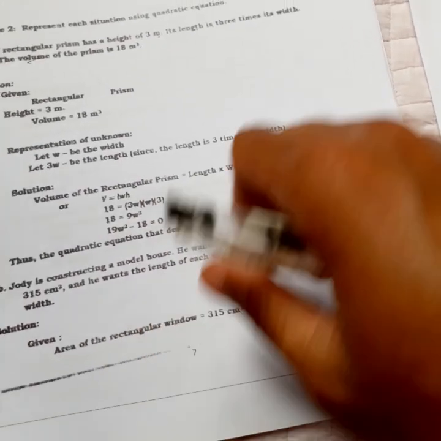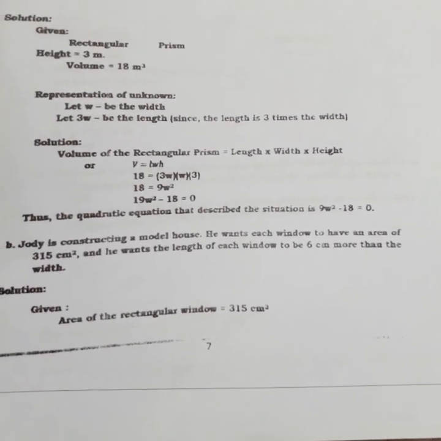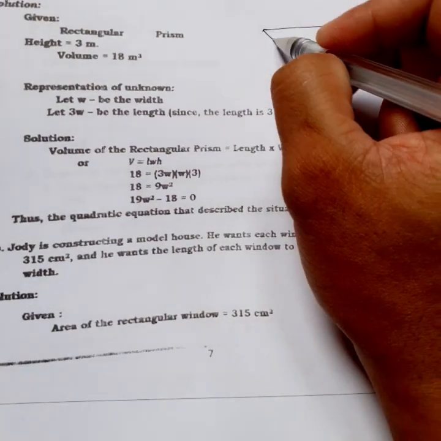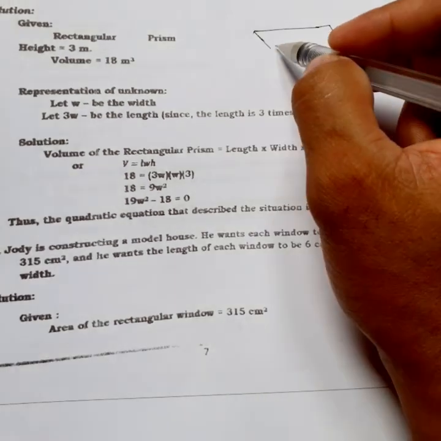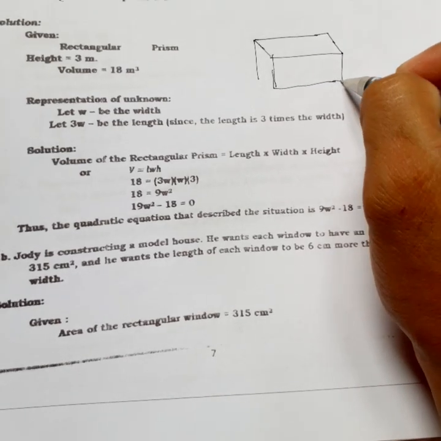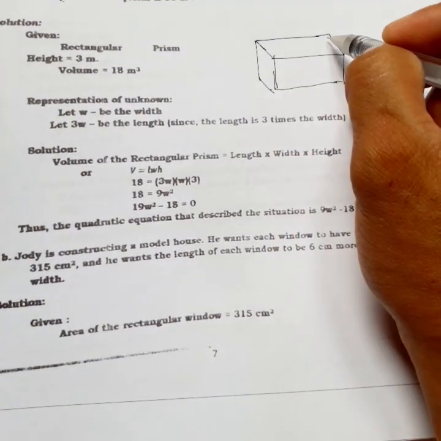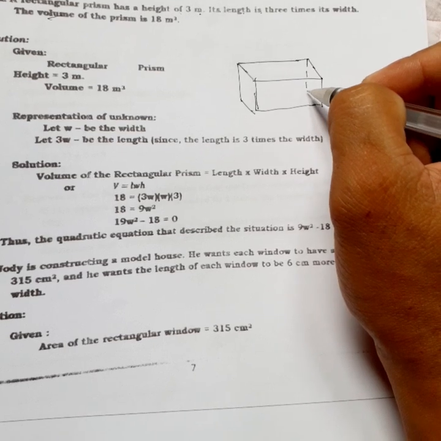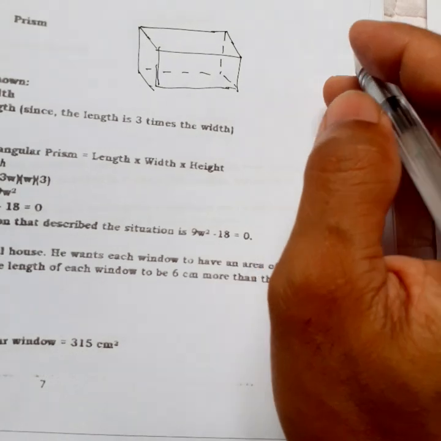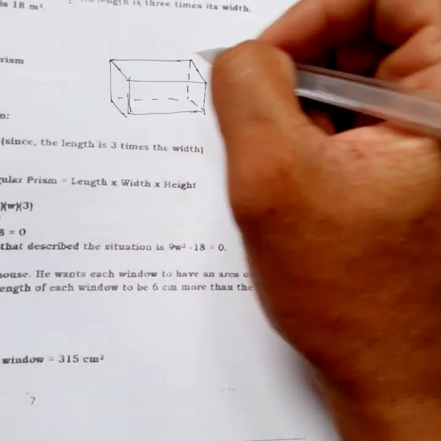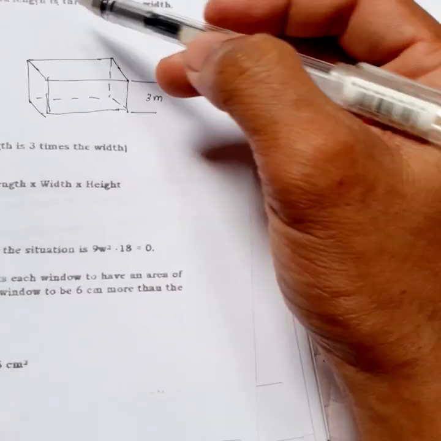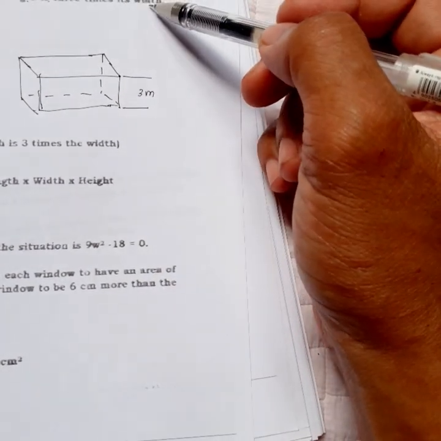So we have a rectangular prism with a height of 3 meters. Unsay porma sa prism? Ana, box man nang prism. Diba? Rectangular prism. Ang height niya is kani, 3 meters. Taas-taas nga box. Its length is 3 times its width.